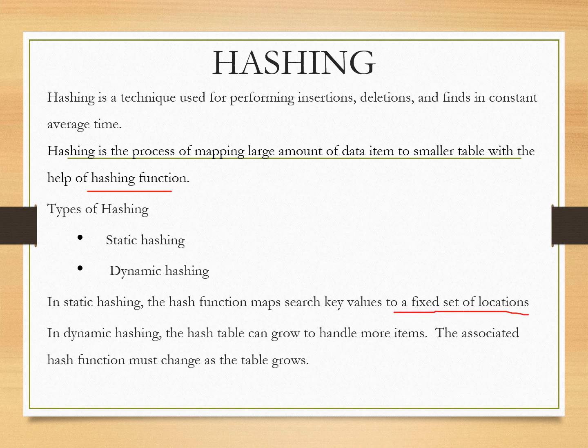Whereas in dynamic hashing, the hash table wherein you are going to place your keys will grow to handle more items, and the associated hash function should also change as the table grows. So as and when the table grows, the hash function will also change.